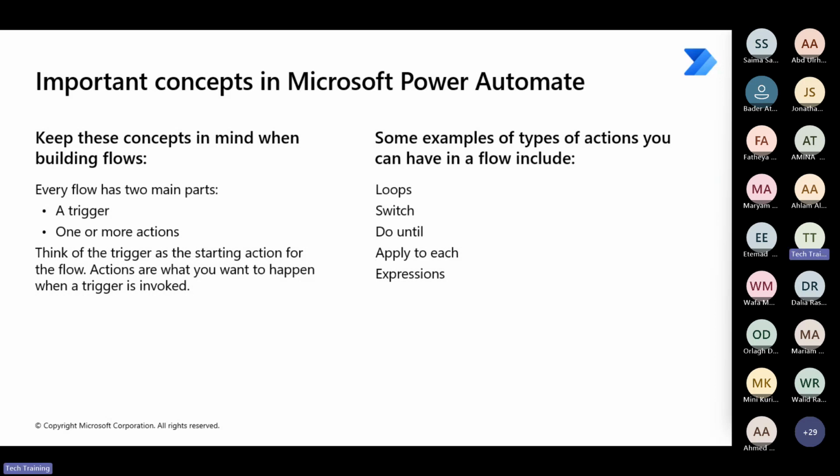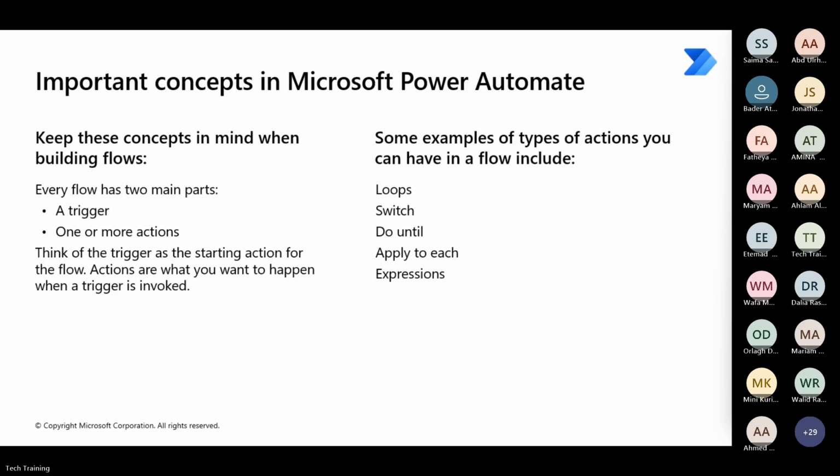Sometimes you might need to create more than one trigger, like this trigger or that trigger. This is a bit advanced, but keep in mind that it can be done. For example, if a new email is received or a new item is created in the SharePoint list, you would need to do the following actions.